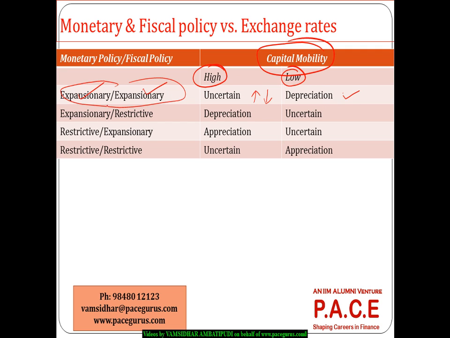So we could look at these four different combinations of the approaches: in what cases the exchange rate can appreciate, especially if the capital mobility is high versus the capital mobility is low. This kind of a grid can be remembered from a decent understanding perspective.